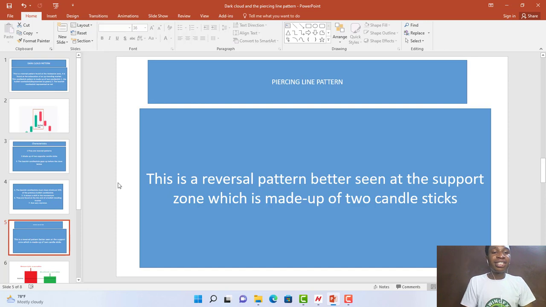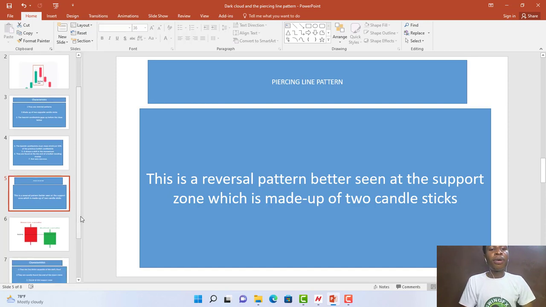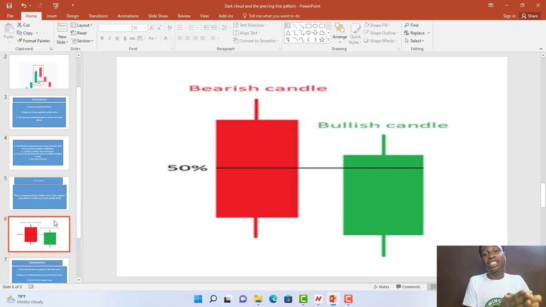The piercing line pattern is the direct opposite of the dark cloud pattern. Whenever it's spotted, it's trying to tell us that the market is reversing for a bullish move. So look out for a buy.